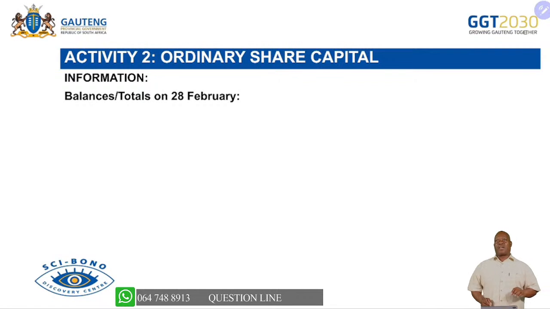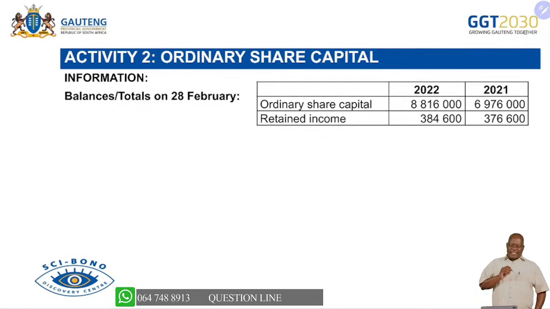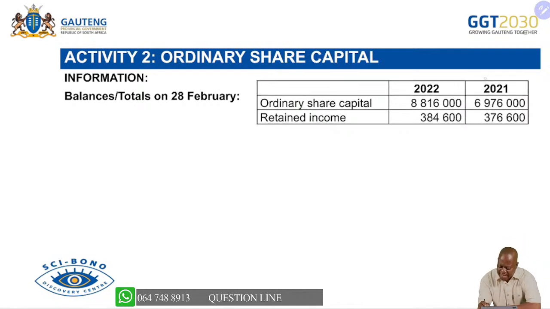Information that we are given to prepare the ordinary share capital. That's it. They're saying the balances that we have is ordinary share capital. So they're saying when the year started in 2021, remember that's the start, right? And then this 2022 becomes the end.